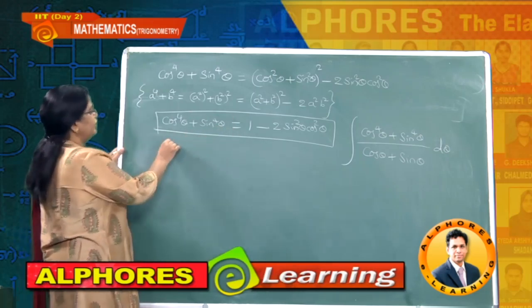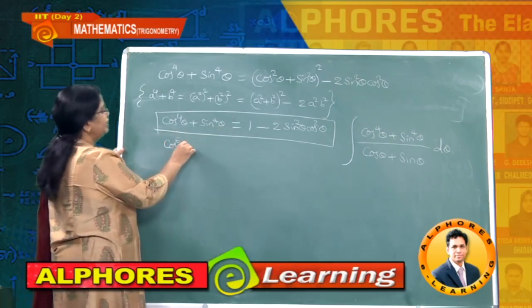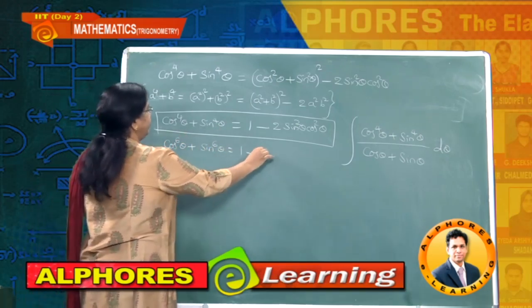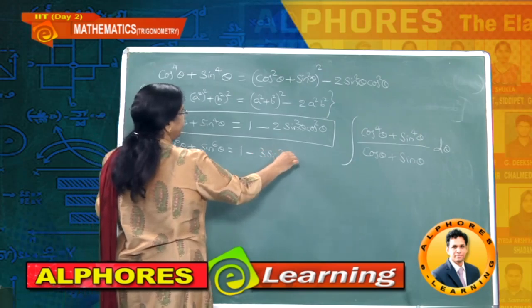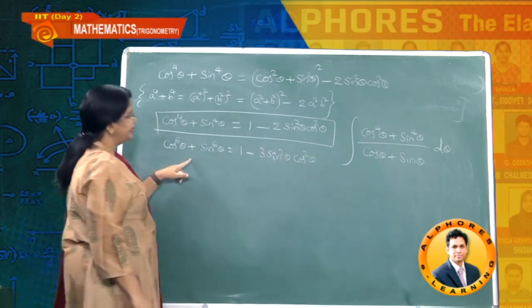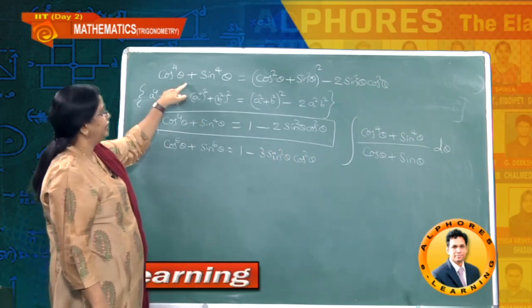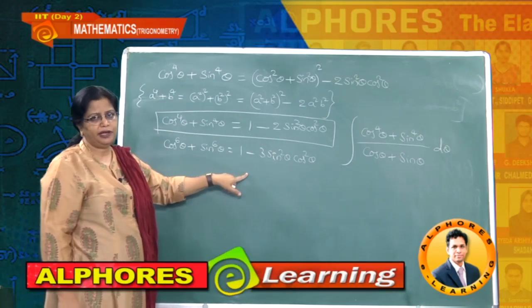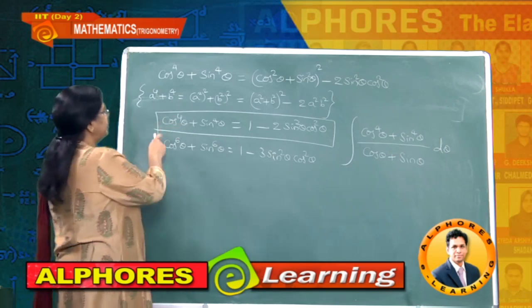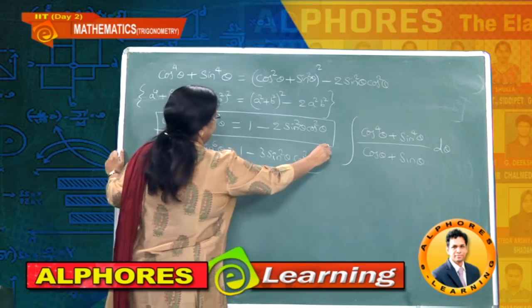And next one, cos to the power of 6 theta plus sin to the power of 6 theta equal to 1 minus 3 sin square theta cos square theta. This formula I already explained while solving the a cube plus b cube value. Now observe how to remember these two formulae. It's very easy.